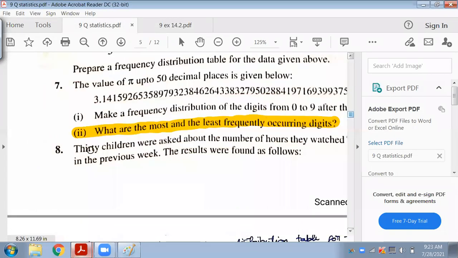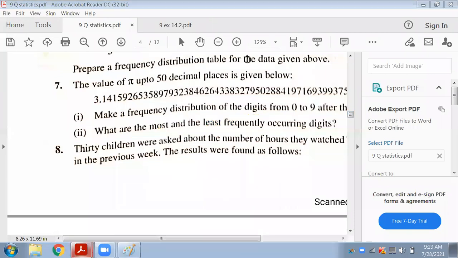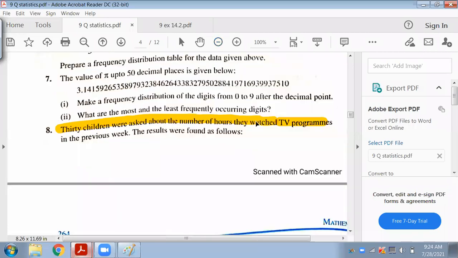Okay, next question is question number 8. "30 children were asked about the number of hours they watch TV programs in the previous week.